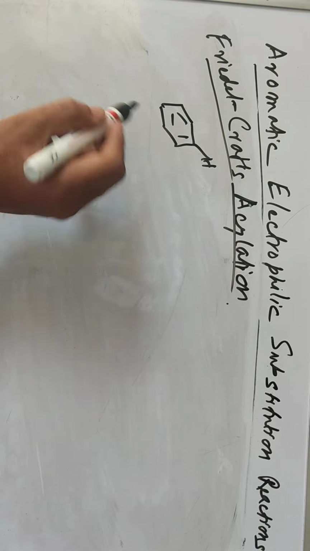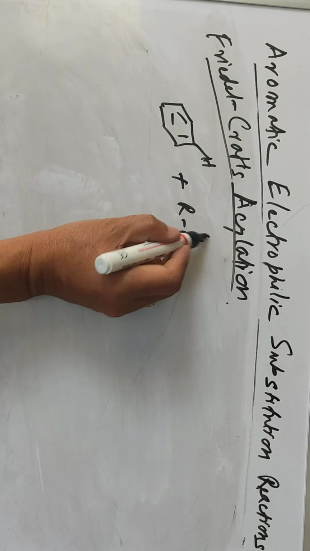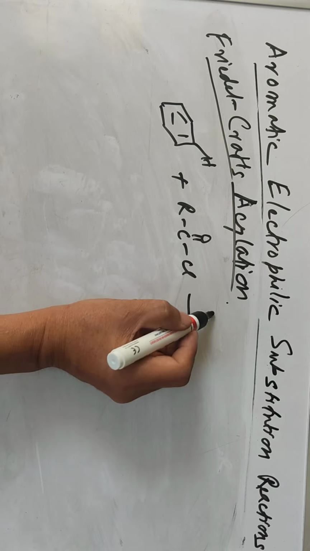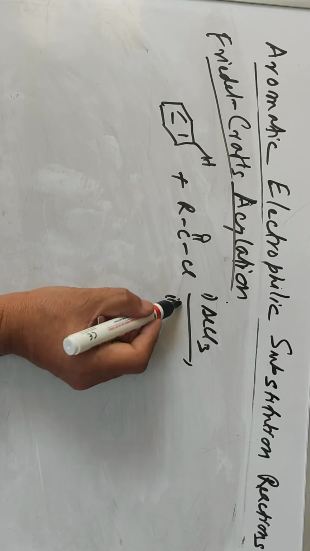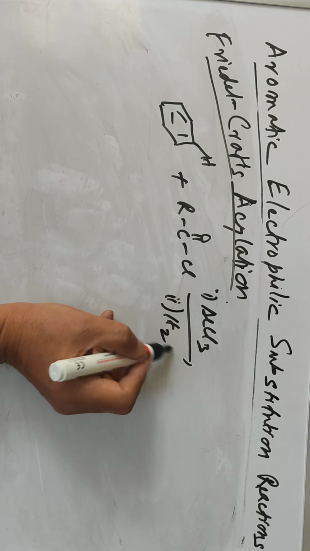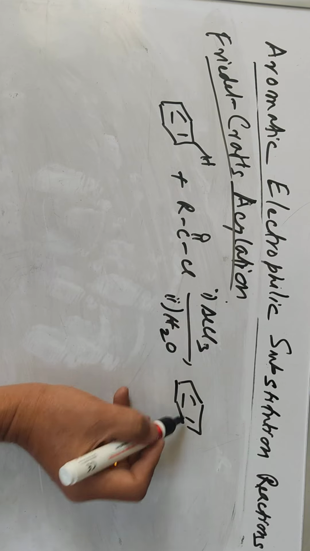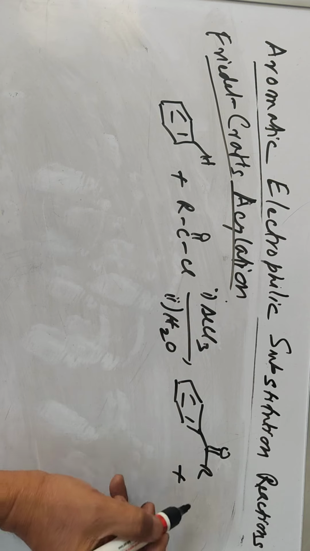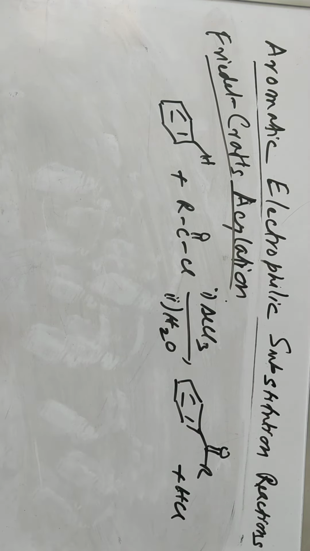Let benzene react with acyl chloride, RCOCl, in the presence of aluminum chloride, followed by hydrolysis. You get this ketone, where hydrogen is replaced by the acyl group. Then you also get HCl. So this is a Friedel-Crafts acylation reaction.